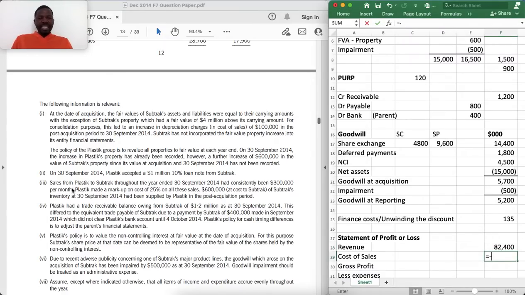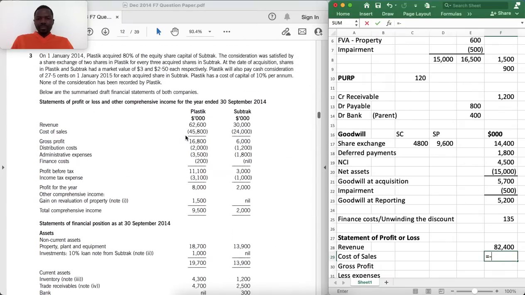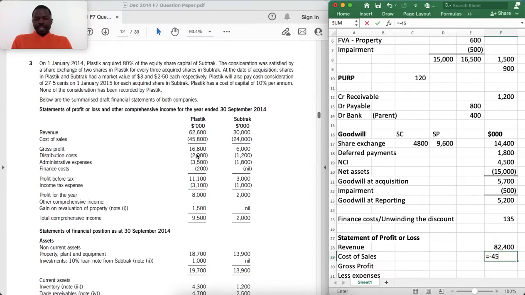Then the cost of sales again, 45,800 for the parent less 9 divided by 12 multiplied by 24,000. We need to less the intercompany sales. Then we need to add the PAP as cost of sales.